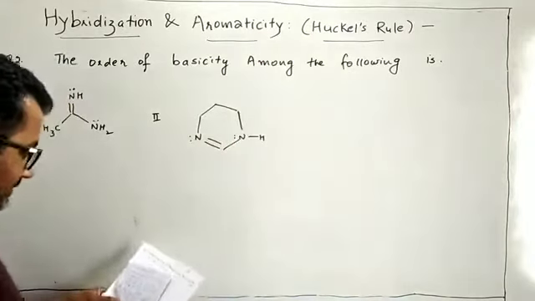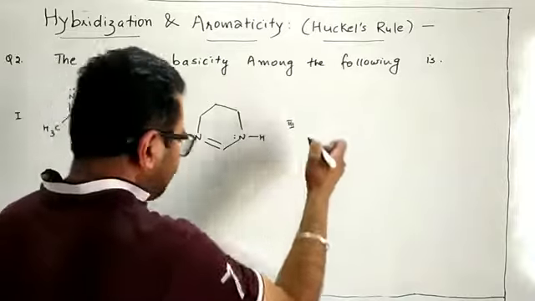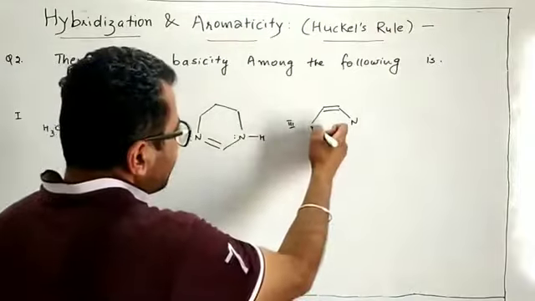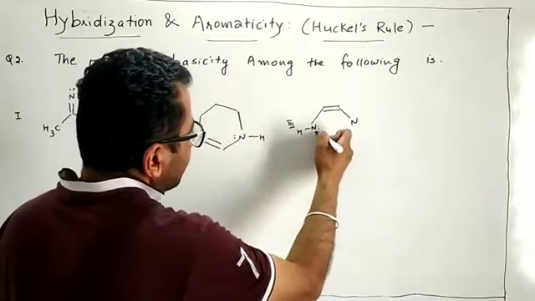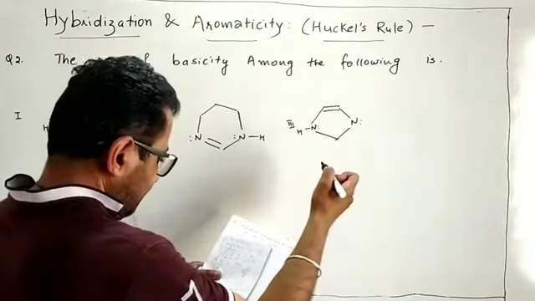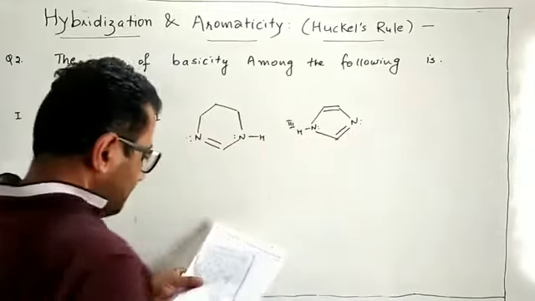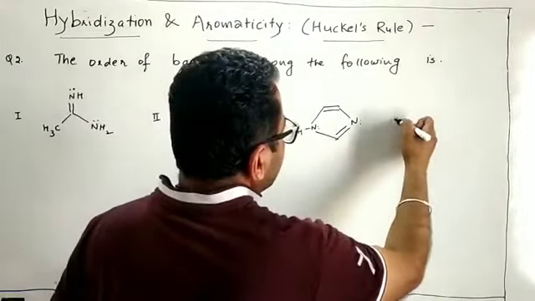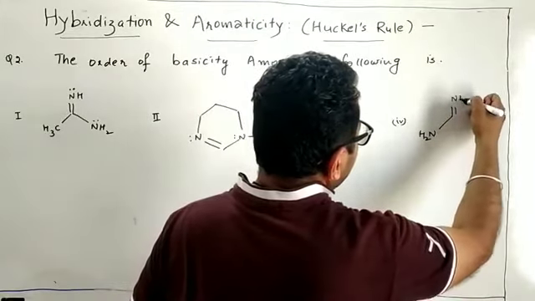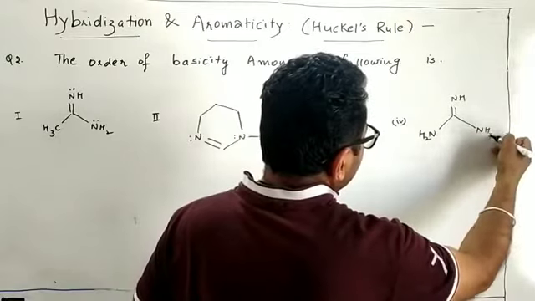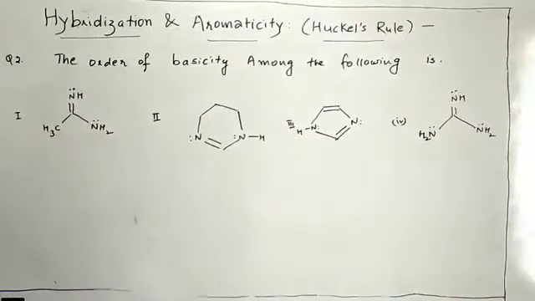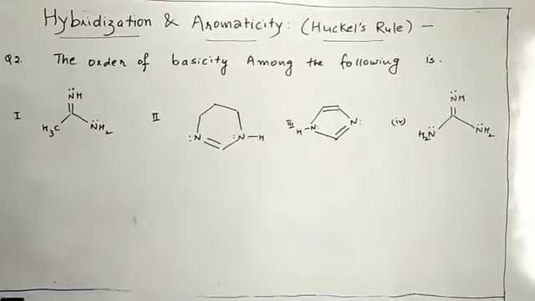Number 3 is a ring like this, so in this nitrogen there is a double bond. And number 4 is H2N double bond NH single bond NH2. Every nitrogen which forms 3 bonds obviously has a lone pair of electrons.